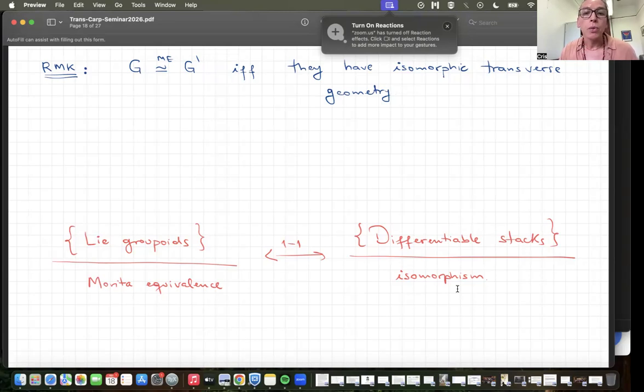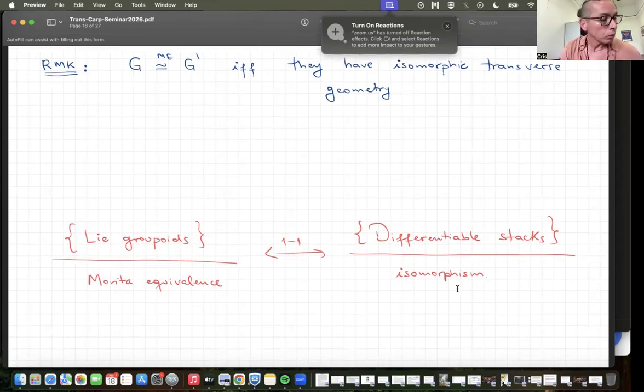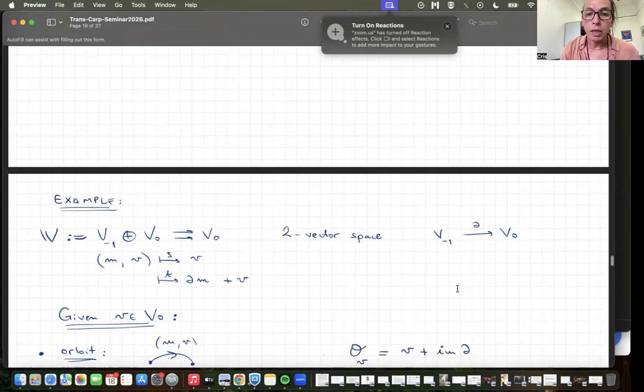But the way we think of a differentiable stack associated to a Lie groupoid now is just the isomorphism class of the transverse geometry. So it's a topological space, the orbit space, with some information attached to it, which is given by isotropies and normal representations. Okay. So let me look at an example.